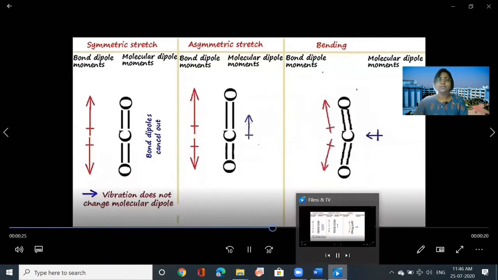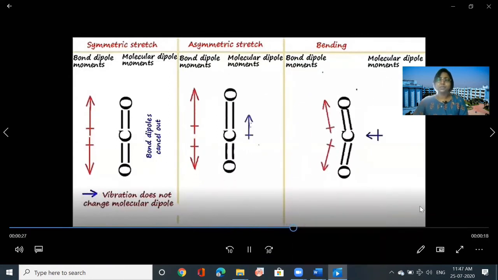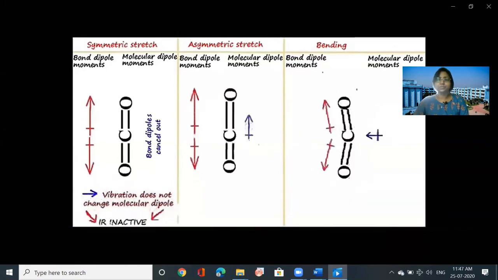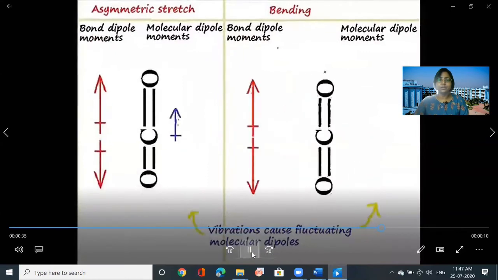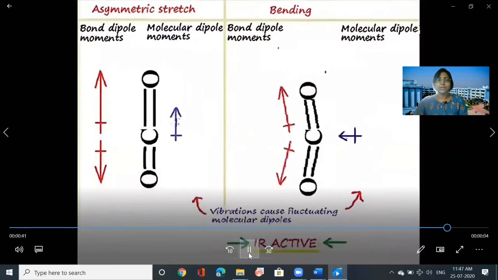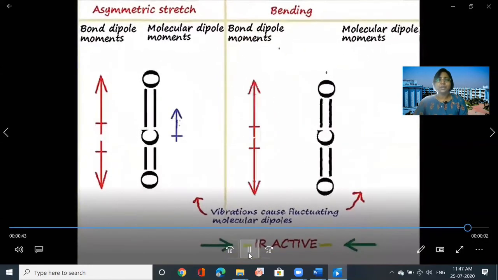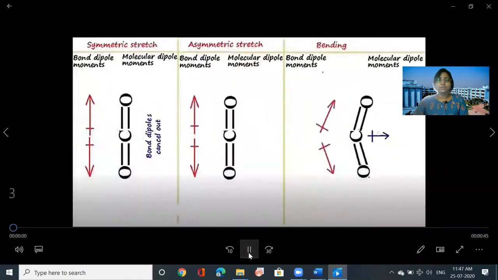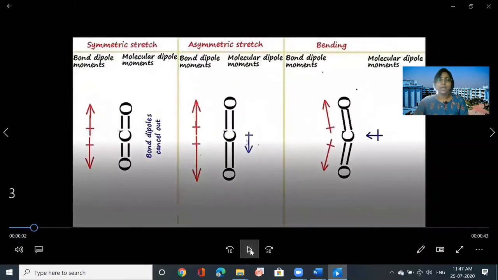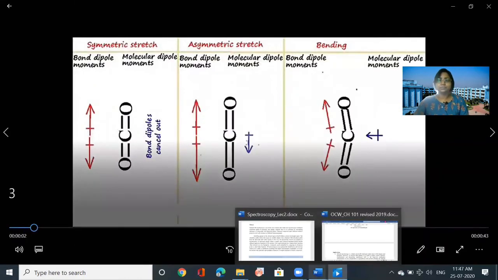It just looks like the CO2 is dancing, so it is very funny to observe. Okay, so I hope that you have understood practically how the CO2 moves. So it is symmetric and asymmetric, you got it.